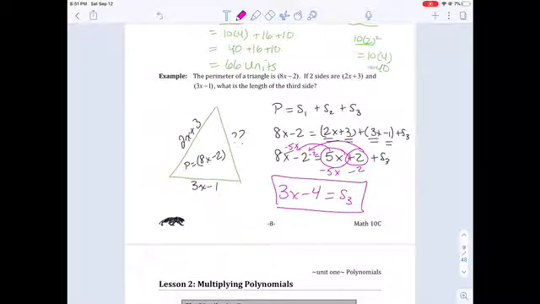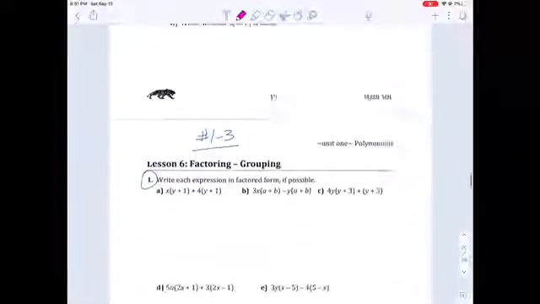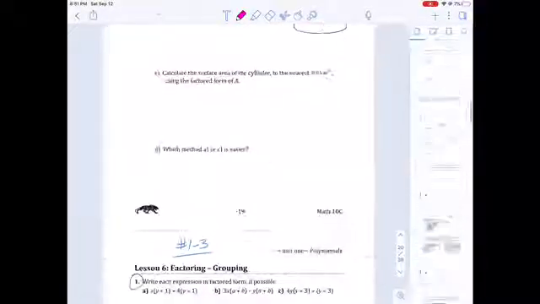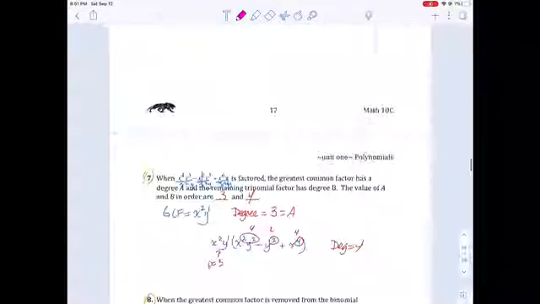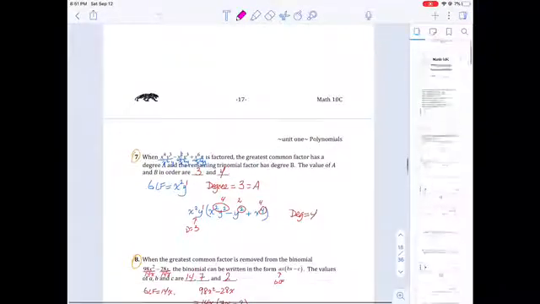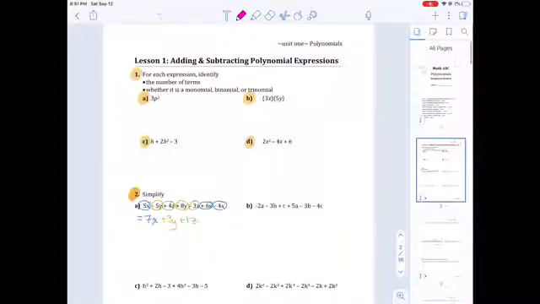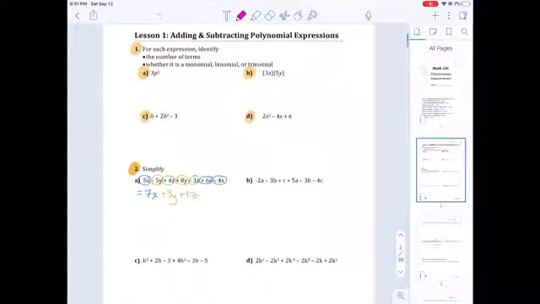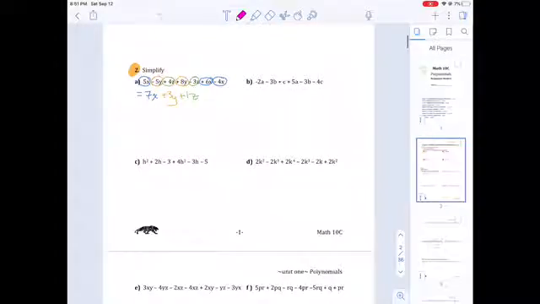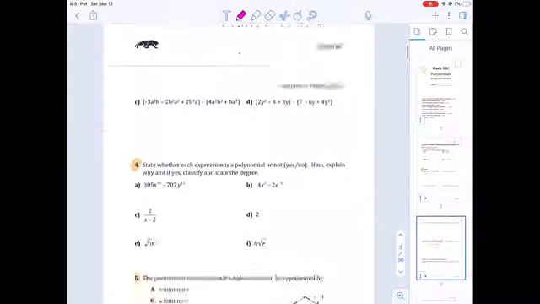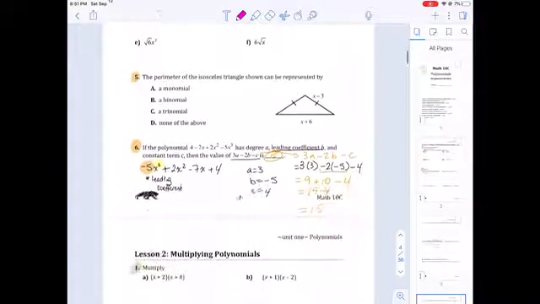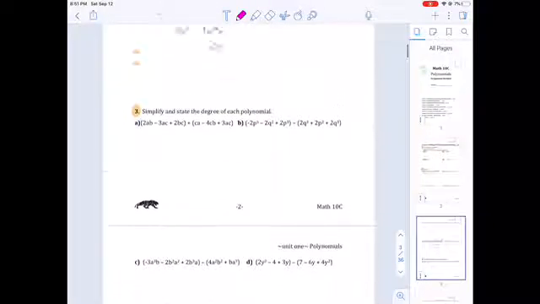That's our very first lesson, and our assignment for that first lesson, if we look back here really quickly, our assignment for the first lesson that I gave in class was all of question 1, number 2, and numbers 3, 4, 5, 6.